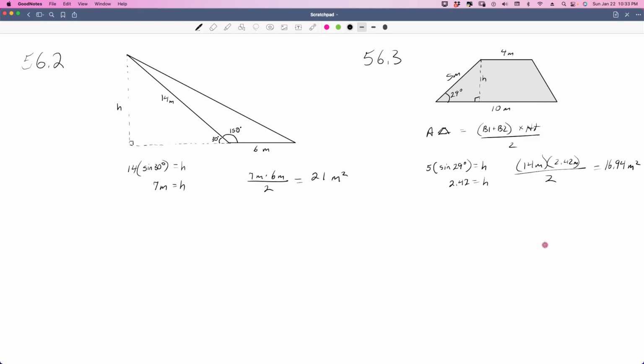So it's just another way to look at it, another way to find the height of a triangle when it's not given to you, or the height of a trapezoid. All right, not so hard. So that is 56 section A. There's some practice problems for you to do right after this. And then we'll move on to areas of segments.